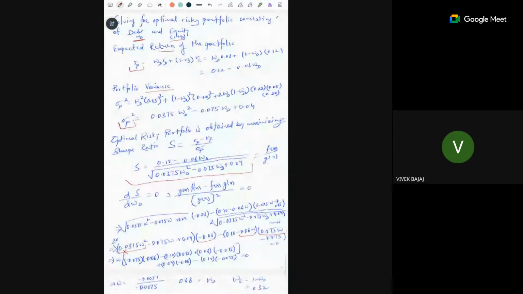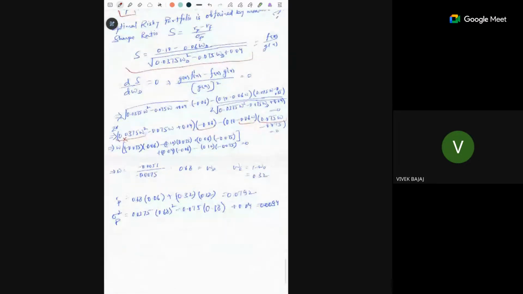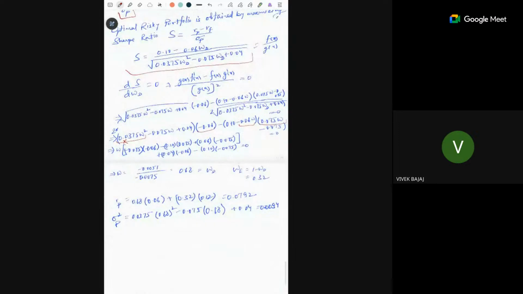In order to find the optimal risky portfolio, you need to maximize the Sharpe ratio subject to WD. For that, the first order condition will be that the derivative of the Sharpe ratio with respect to WD equals 0.